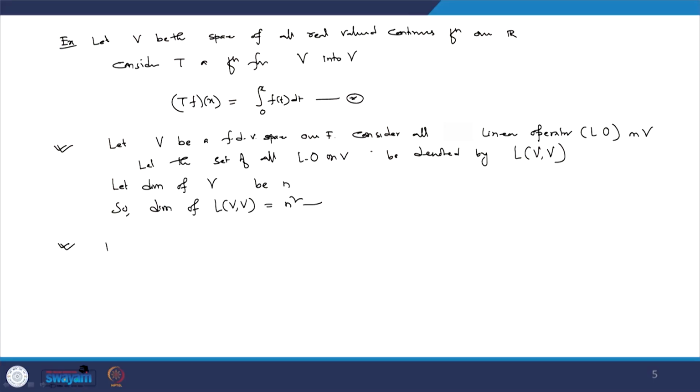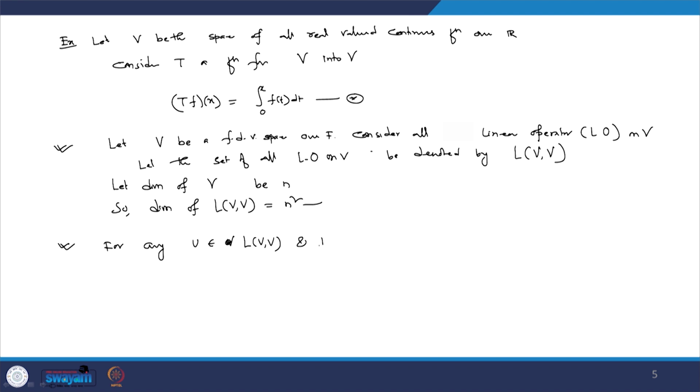Apart from vector addition and scalar multiplication on L(V,V), if I add another binary operation, that is multiplication of two vectors, then I can see, first: for any U belonging to L(V,V), the identity function from V to V will also be in L(V,V); it is also a linear operator.